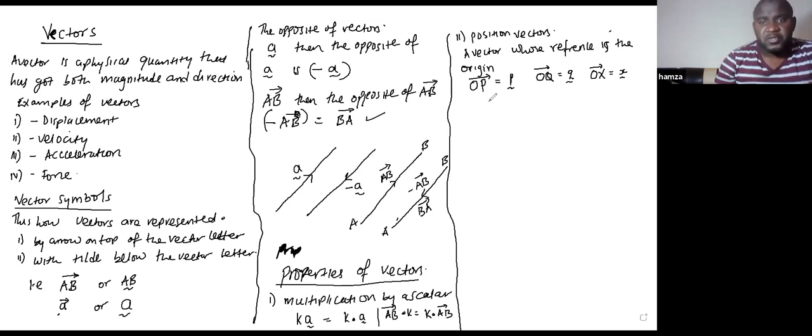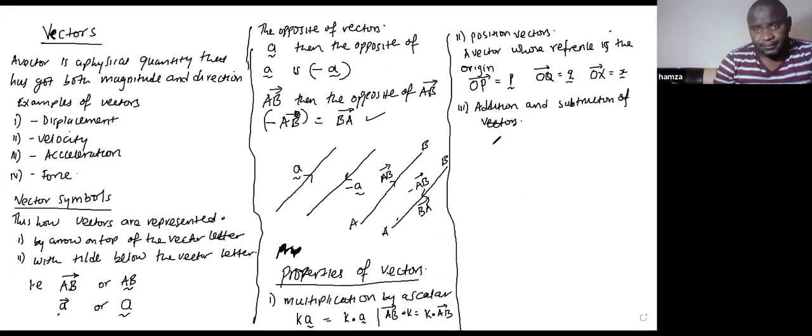Then the other definition also should talk about addition and the subtraction of vectors. If I have a vector OP added onto a vector OQ, then I'll have to sum up small vector p plus small vector q.